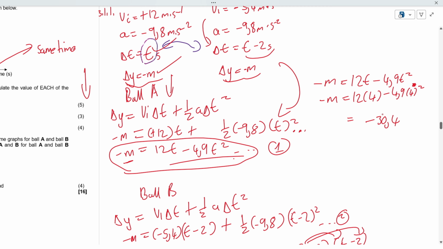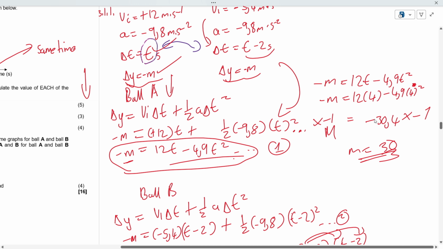We multiply both sides by negative 1, then we get our displacement as 30.4.